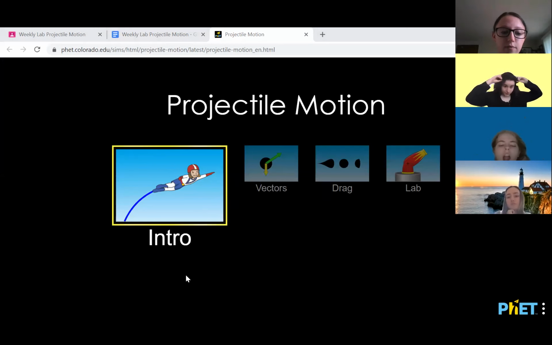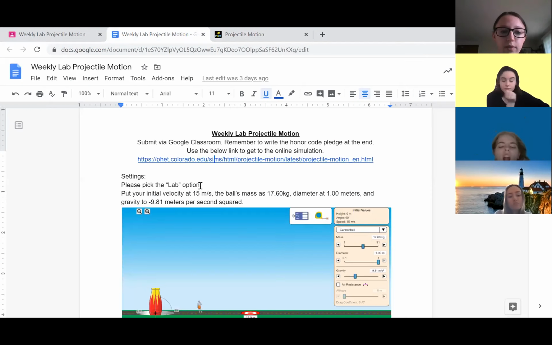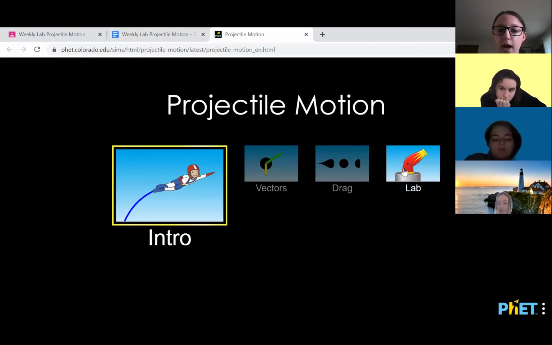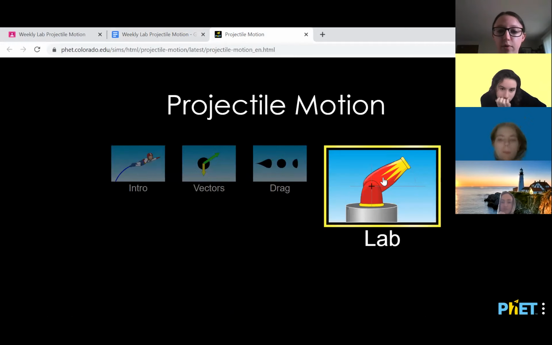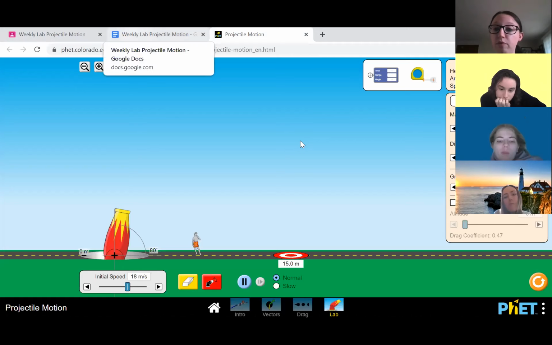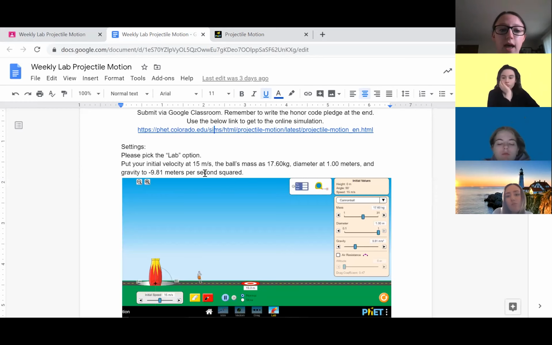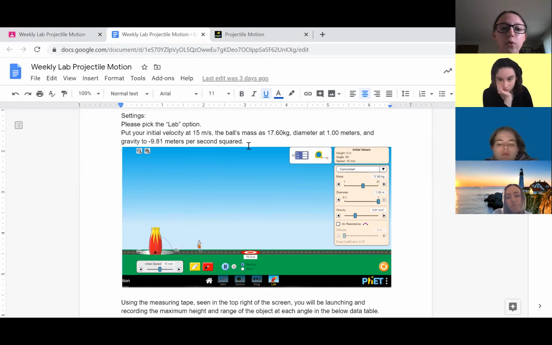On the weekly lab, it says, here are your settings. You're going to pick the lab option, which is the last one down here at the right, and it has the lovely cannon on it as well. Like I said, we're going to be talking about cannons a lot. Then it tells you what to set your things to. Your initial velocity is going to be 15 meters per second.